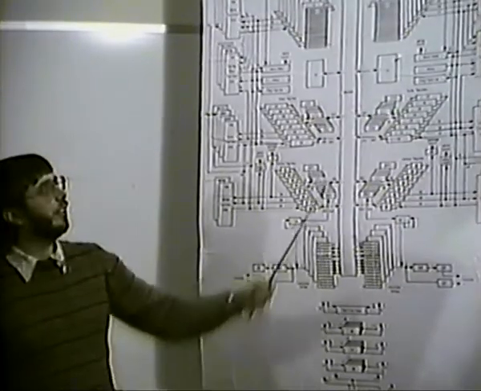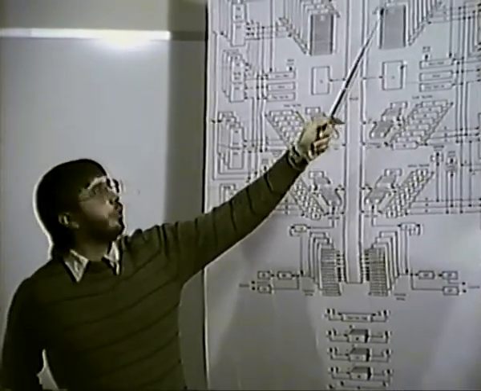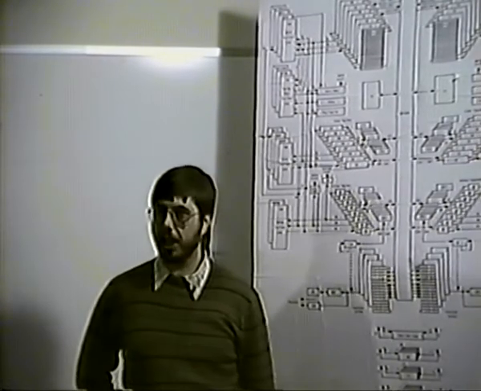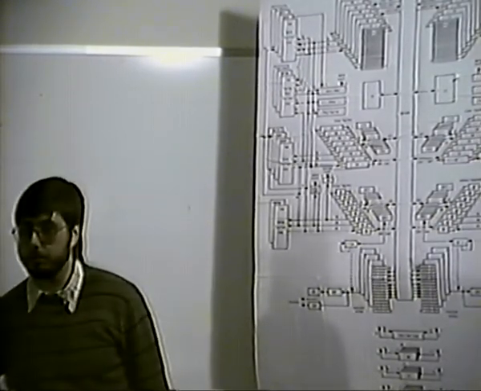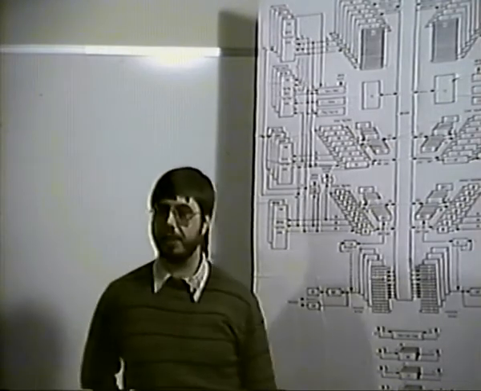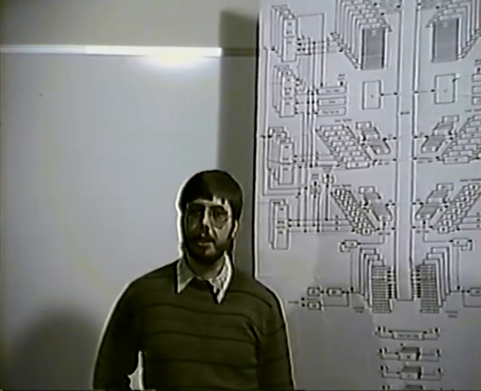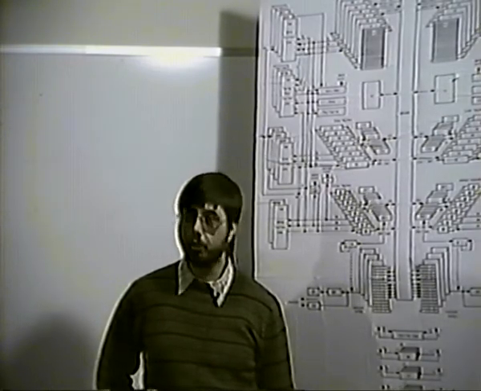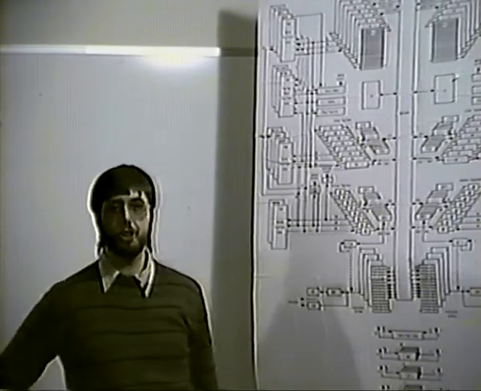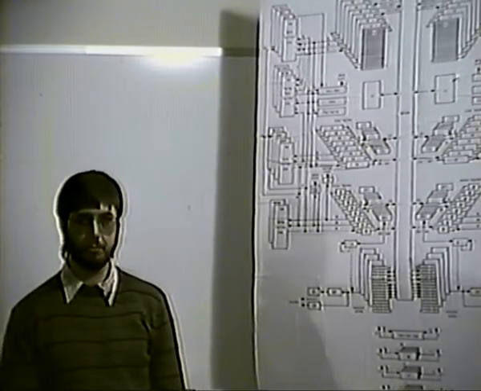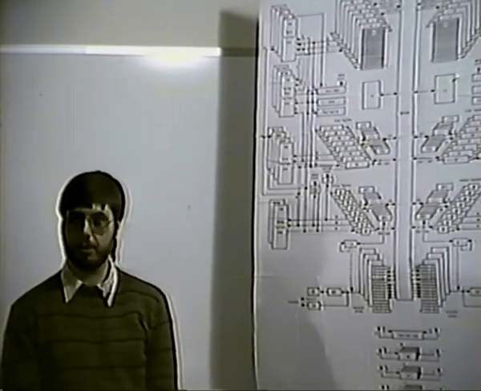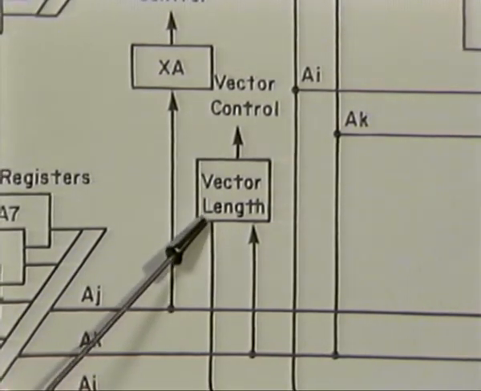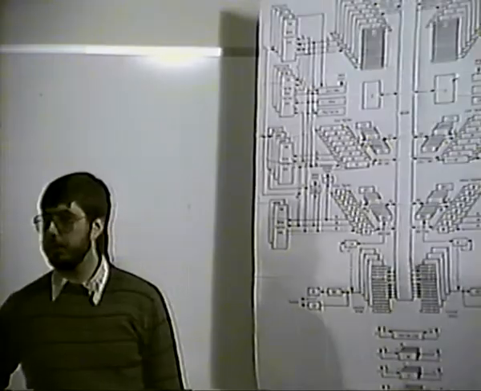So if you do a vector add and you want to add V2 and V1 and put it in V0, first of all, you have to set your vector length to how many adds you want to do. You can set that vector length to any number between 0 and 100 octal. So you can either do all of them, or you can do one of them, or anything in between. Any questions so far?